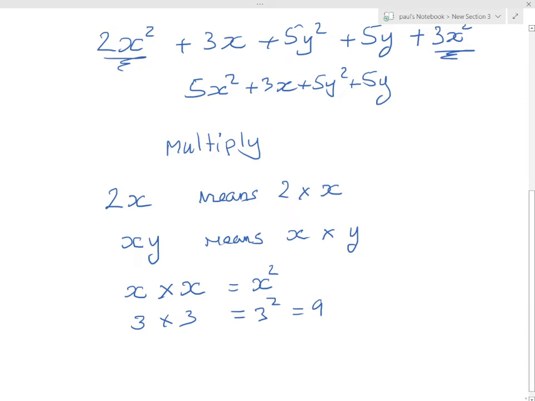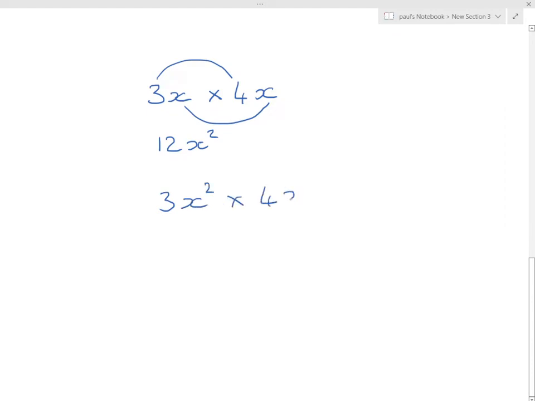Right, so when we're multiplying, let's have a look at simplifying. So we're going to do 3x times 4x. And separate the numbers from the letters in your head or on paper, whichever way you want to do it. You multiply the numbers, 3 times 4 is 12, multiply the letters, x times x is x squared. 3x squared times 4x.